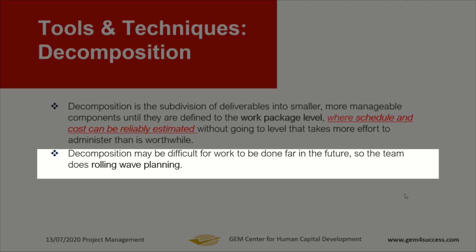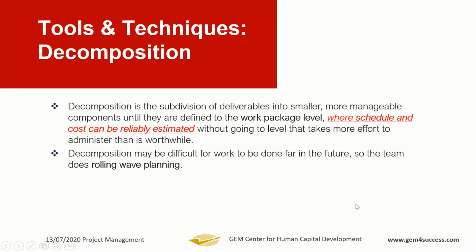It's okay. Break down to the extent of what you know, or to the extent that you can go. As you move on in the project, you would know more, you would see more, and you can decompose even further. So that is called rolling wave planning, progressive elaboration.